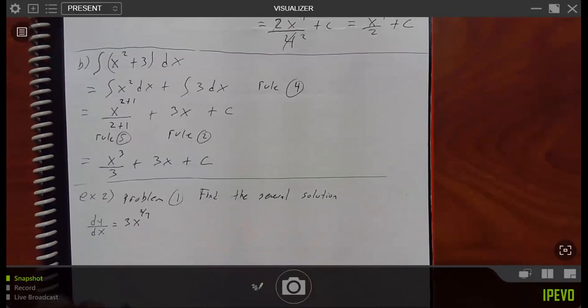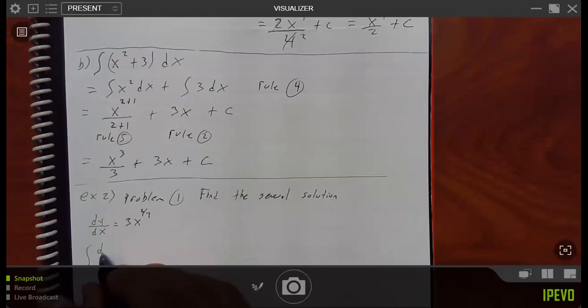So what you have to do is integrate both sides. Is that a 2/7? Yes.